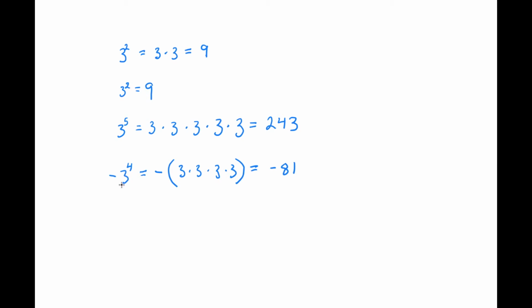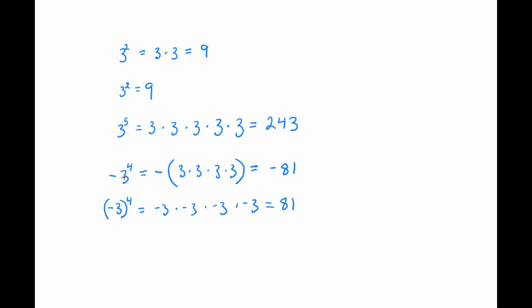However, if we write it like this, where the negative is included with the 3, then we have negative 3 times negative 3 times negative 3 times negative 3, and because we have a pair here and a pair here, we have an even amount of negative signs, so it is a positive 81. So how this is written matters.